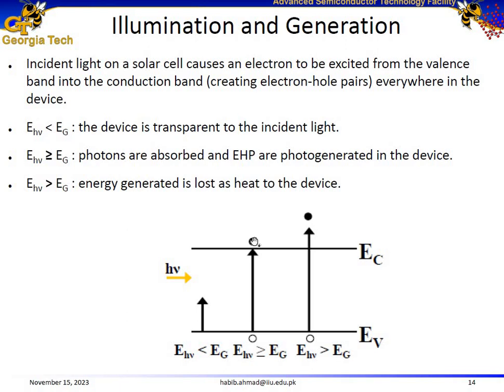For the second photon, where the energy is comparable to that of the band gap of the semiconductor, it will result in the generation of an electron hole pair. The electron transitions from the valence band to the conduction band. In the third case, we have another photon whose energy is much greater than the band gap of the semiconductor. Once again, it is going to result in the generation of an electron hole pair. But because of the high energy of the photon, this electron will transition much higher into the conduction band.